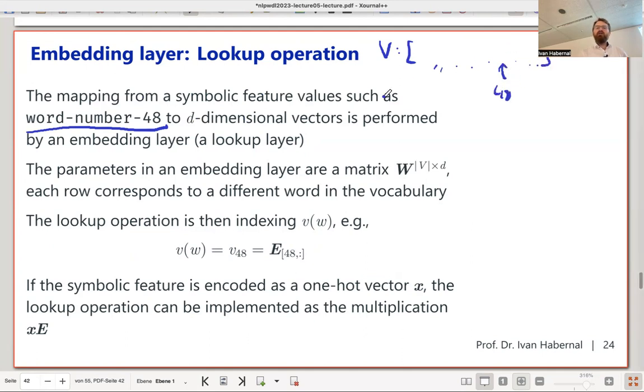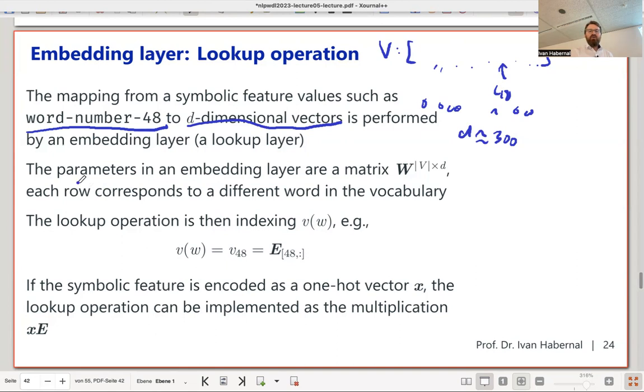So this is the category, and we want to map this one-hot vector, 0, 0, 0, 0, here's 1, and here are zeros, into a d-dimensional vector. We want to make it smaller, typically. So this will be size 50K, and d could be maybe 300.